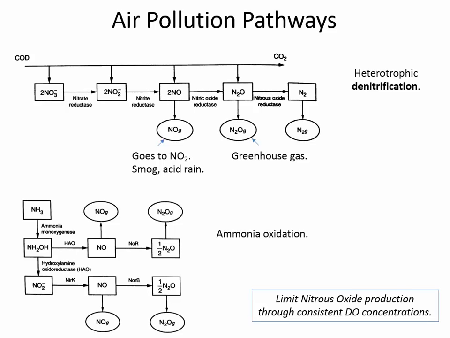We don't have a lot of options, but what they have found is that sometimes the speed at which the nitrite goes to nitrogen gas is partly governed by consistent dissolved oxygen concentrations.